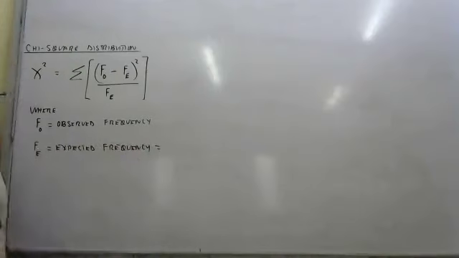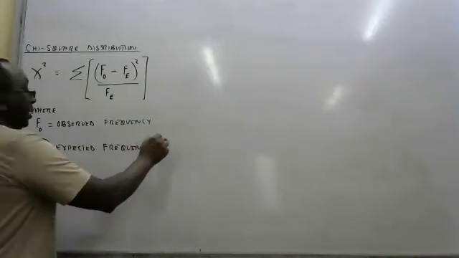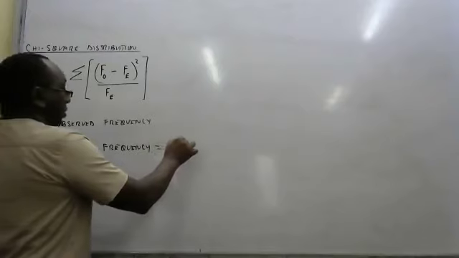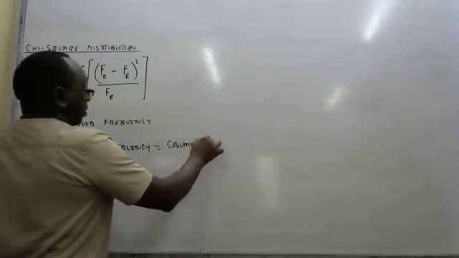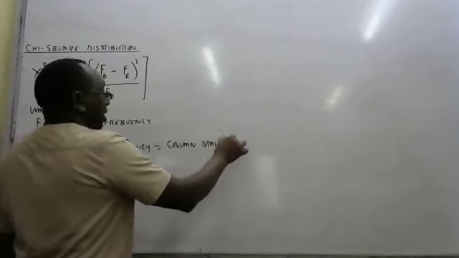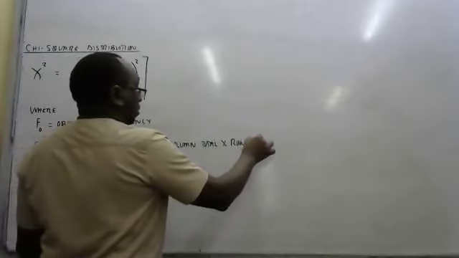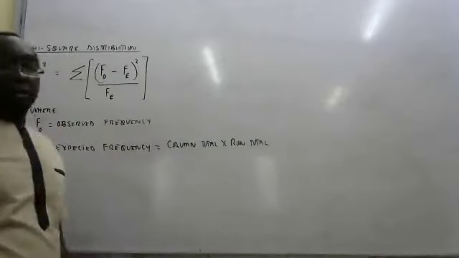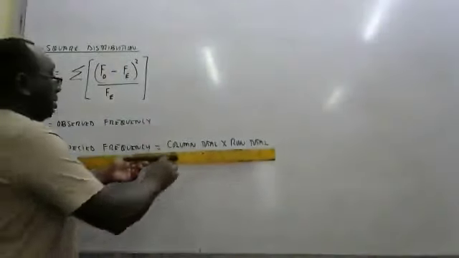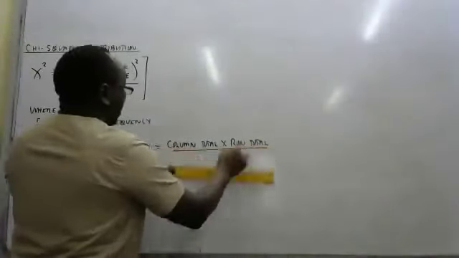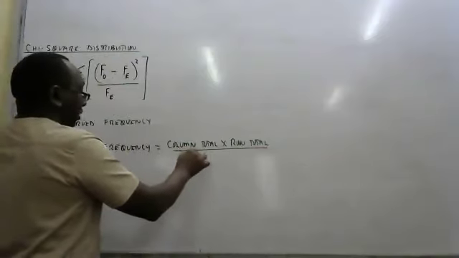And this one is normally given as column total multiplied by row total. You will divide by the grand total or the entire total.